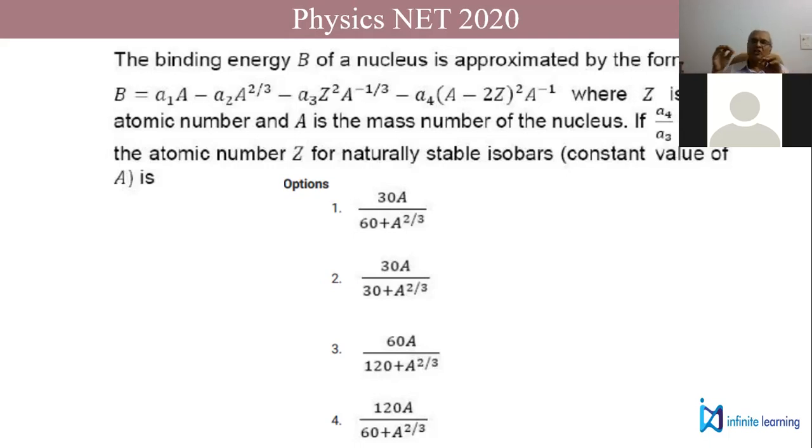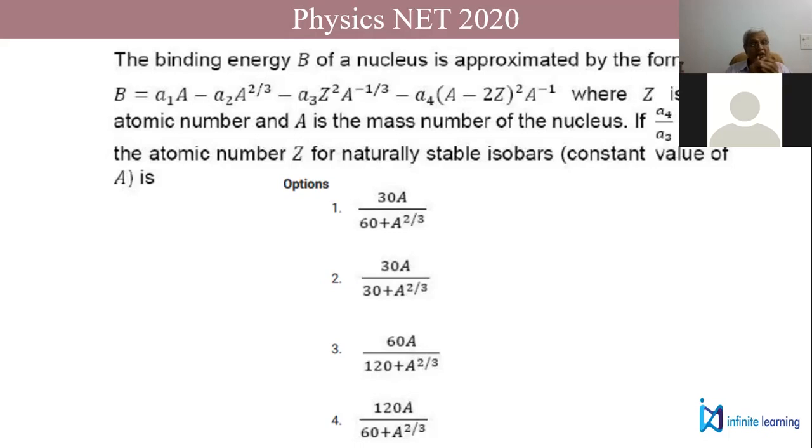You want to find the most stable one, so you have to find the Z value for which binding energy is maximum. How do you find the maximum of a function? How do you decide when the function is going to be maximum? We differentiate it. Correct.